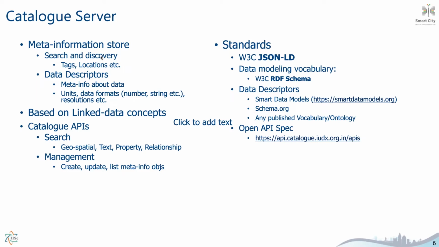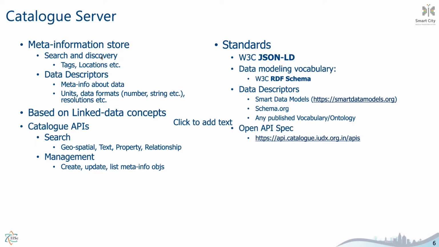It helps in search and discovery of a data resource using attributes such as descriptions, tags, locations, etc. It helps with data usage and interpretation with objects like data descriptors or data models, and may contain additional attributes to enable smarter use of data in applications. IUDX catalog is based on linked data concepts, and we will discuss more about it in the next slide.